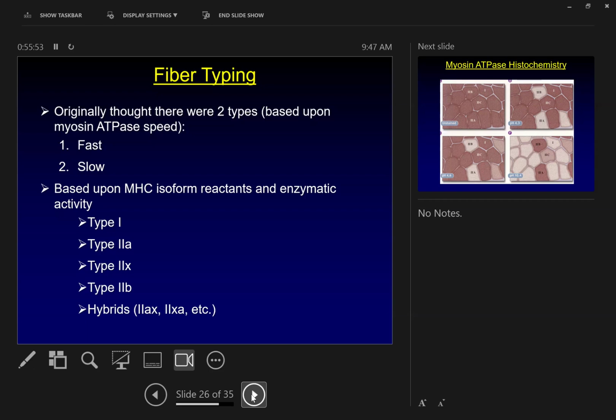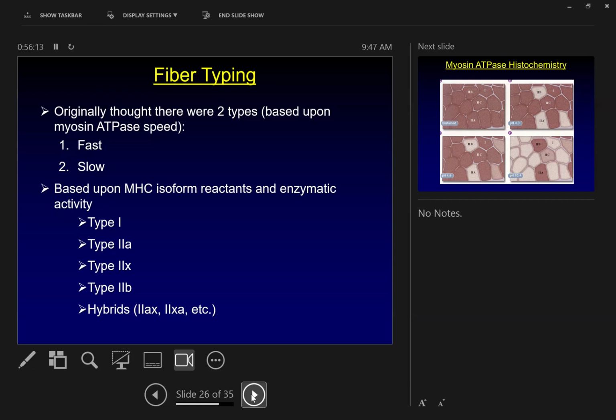But those tend to be the fastest fibers in humans. Some people have a little bit of 2B. 2B is really like an animal, like a cat and a rat and a mouse. Things that are even faster than us, right? Tend to have those in there.